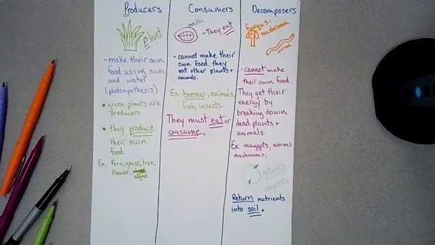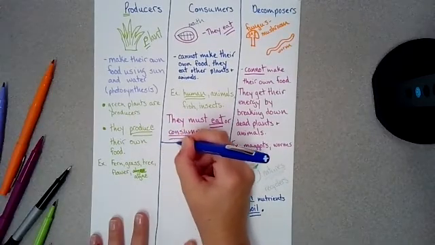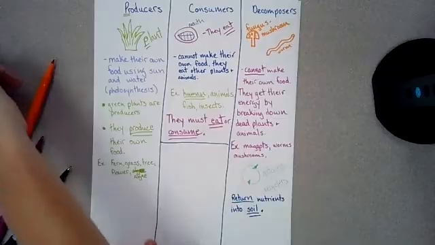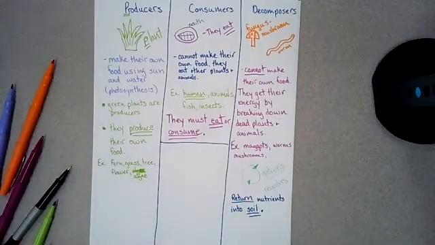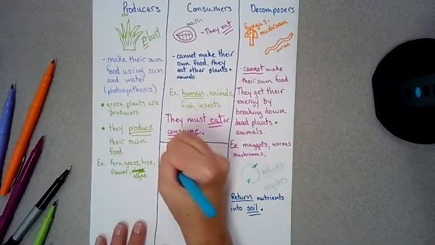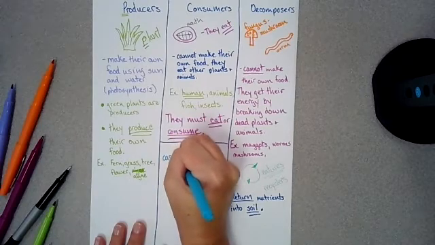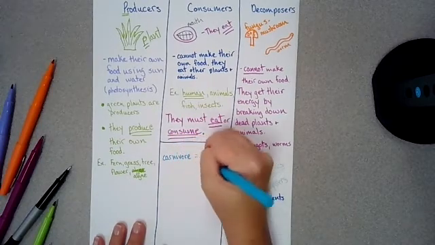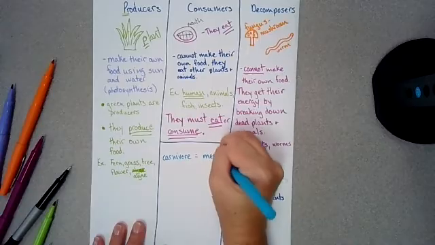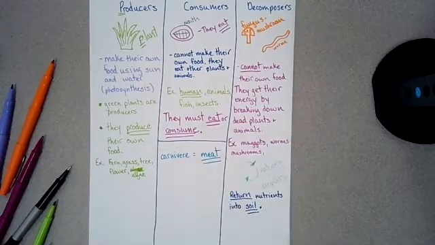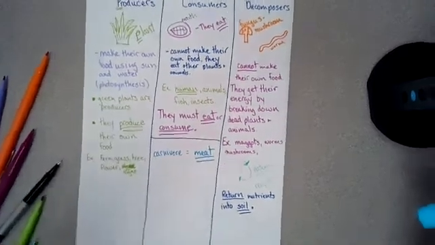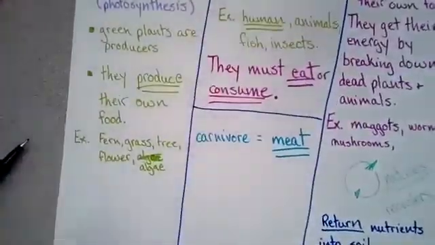Last thing I want you to write down, I made a little block, I left a space down here, and I want you to write down carnivore. Carnivore is meat. They eat meat. And I'm going to zoom in on that for you. Carnivores eat meat.